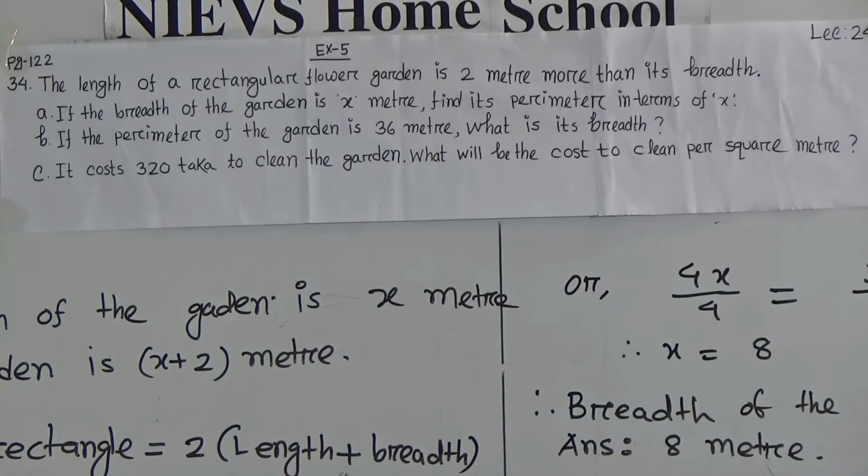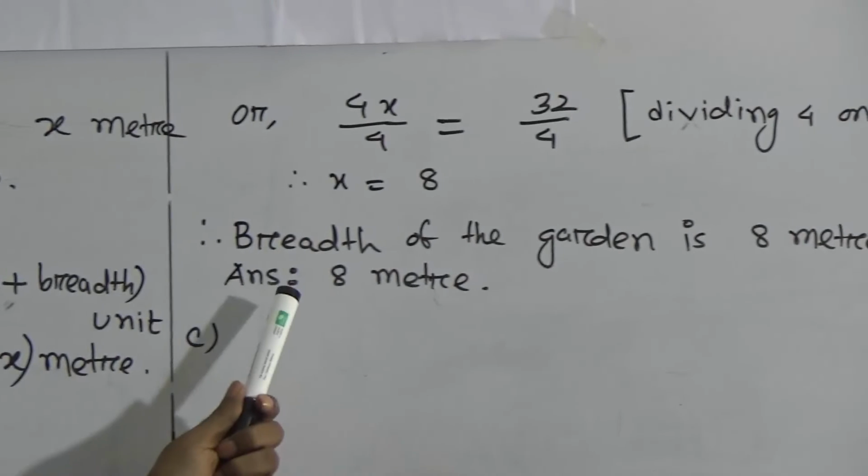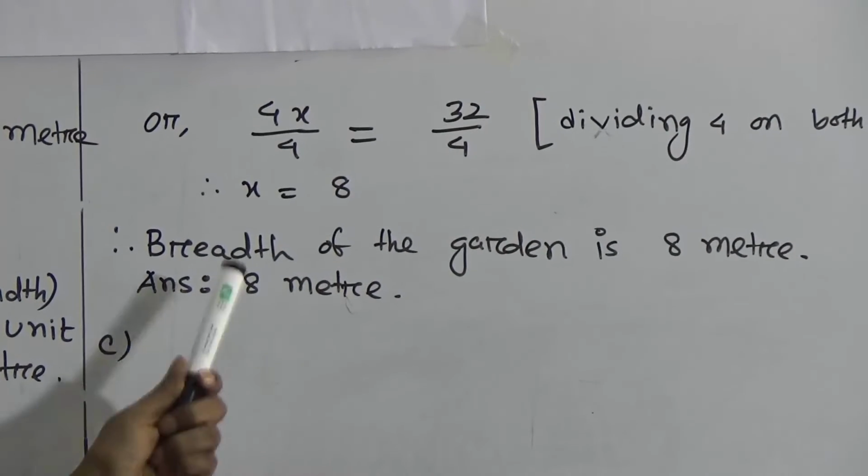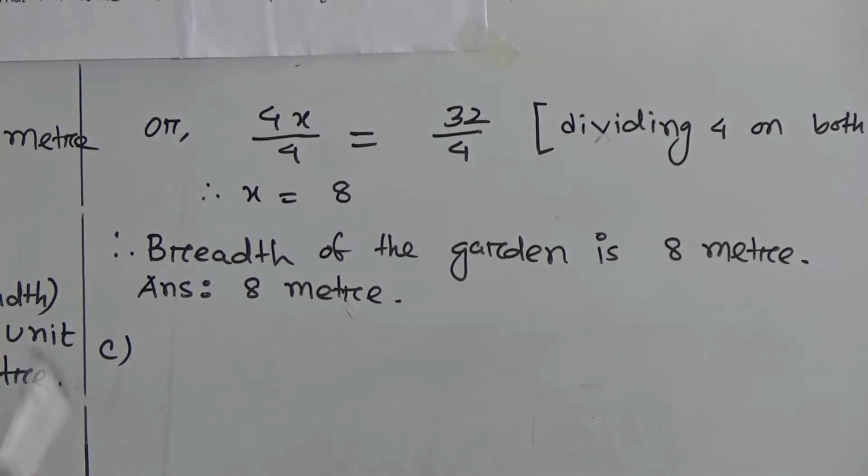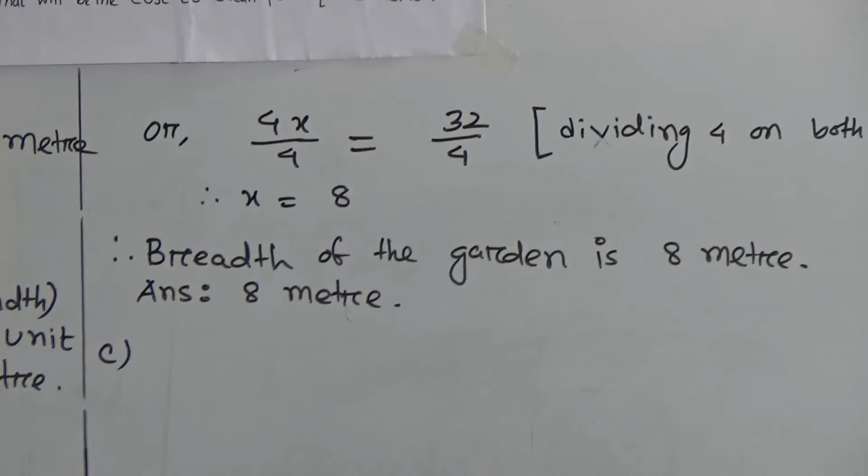That means you have to determine the area of the rectangular garden. And we know the area of the rectangular garden is length into breadth. You see, we have got here only the breadth. Breadth is 8 meter. So we have to now determine the length of the garden.